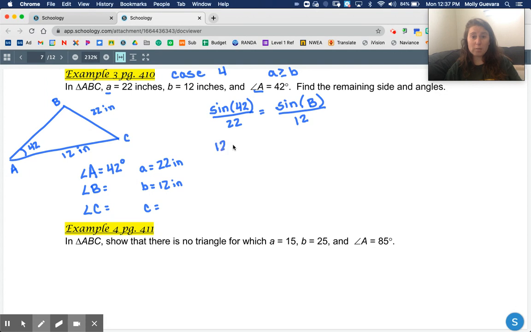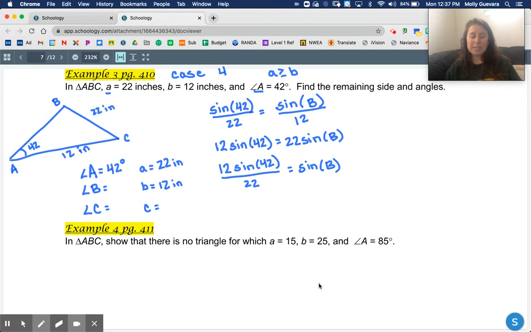So 12 times sine of 42 equals 22 sine of B. Always keeping in mind we want this B, so I'm going to divide both sides by 22, so 12 sine of 42 divided by 22 equals sine of B.